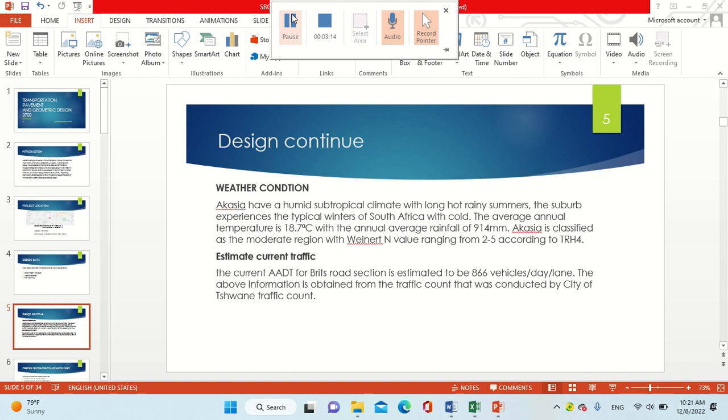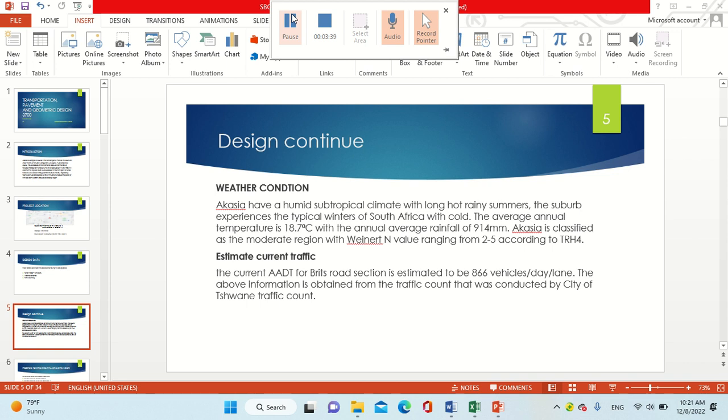The average temperature is 18 degrees Celsius, with an annual average rainfall of 914 millimeters, and it is also classified as a moderate region, ranging from 2 to 5 according to the TRH4.